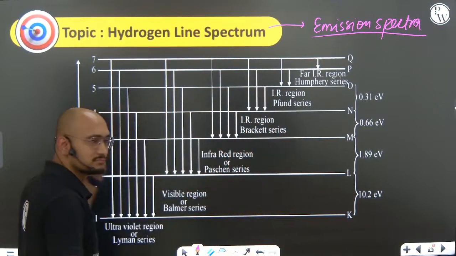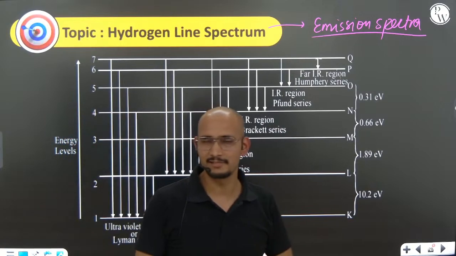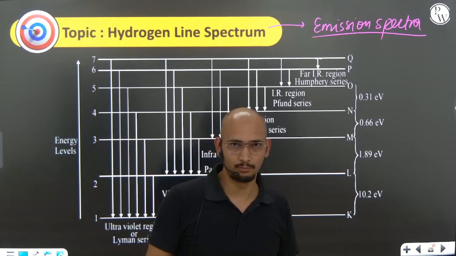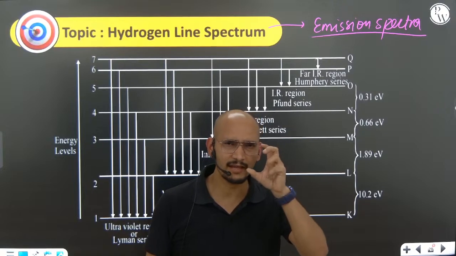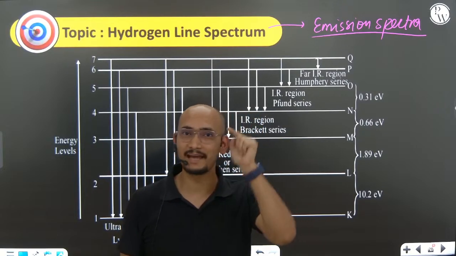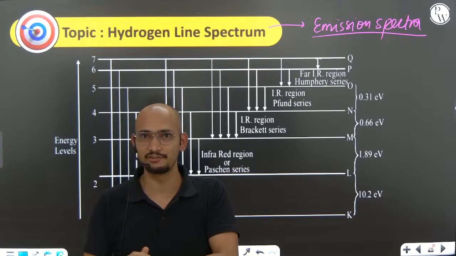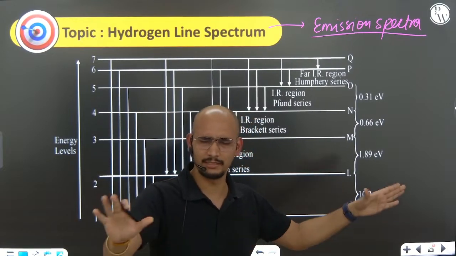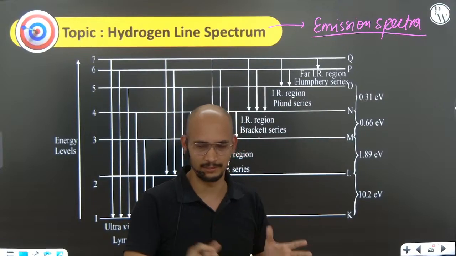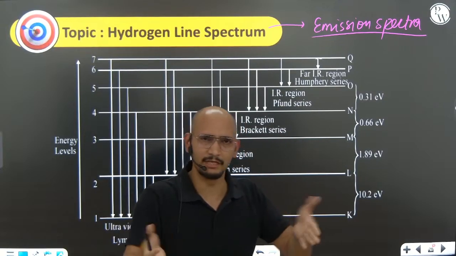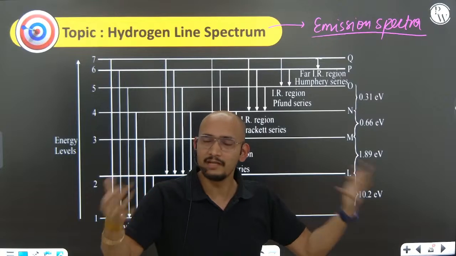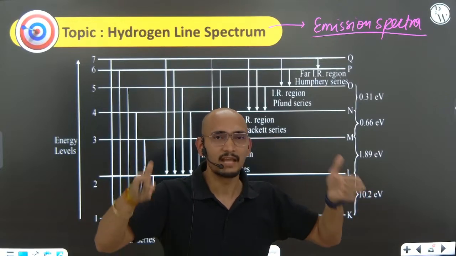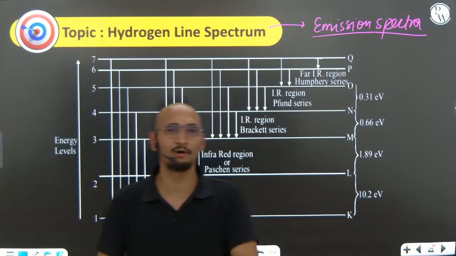Now, something very important and very interesting: the point is that every different element has its own characteristic emission spectra. So for hydrogen, wherever you take the hydrogen from, every time the same spectra will be there. Helium, again every time the same spectra. So every different atom gives a characteristic kind of spectra.